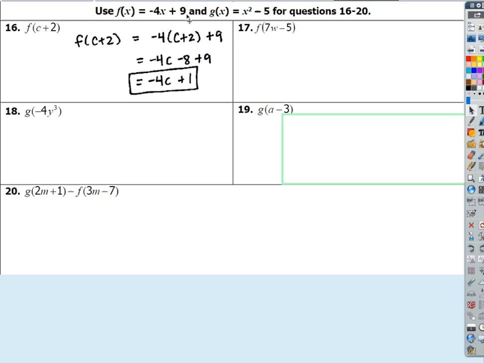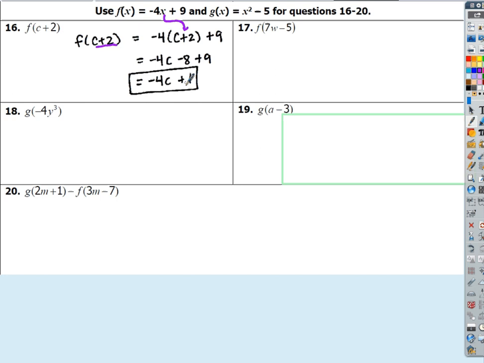F of a would be negative 4a plus 9. F of c plus 2, the quantity c plus 2, all I'm going to do is where I used to have an x, I'm just plugging in a c plus 2, right? And see what I get when I do that. If I distribute the negative 4 and collect like terms, that's what I get.